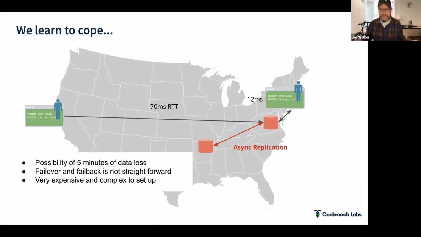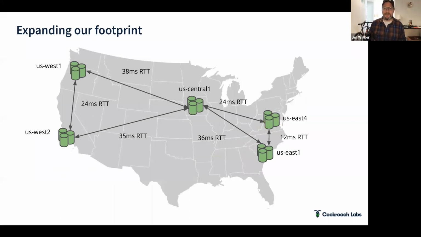Why not have everything active? This is super expensive, and when things come back online between the secondary and the primary, how do you resolve them? There are lots of different issues. The way we think about it is, how do we set it up so that we have active everywhere, we can survive failures across the board, and we can give low latency access to every single person in the country?